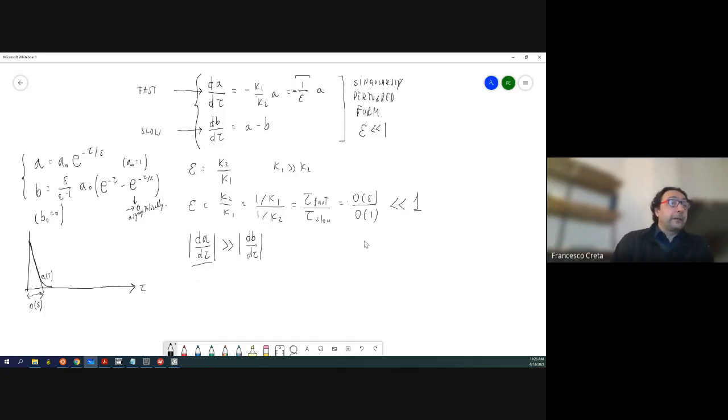And then you have a much slower evolution here, with B of tau, which evolves on this much smaller time scale.